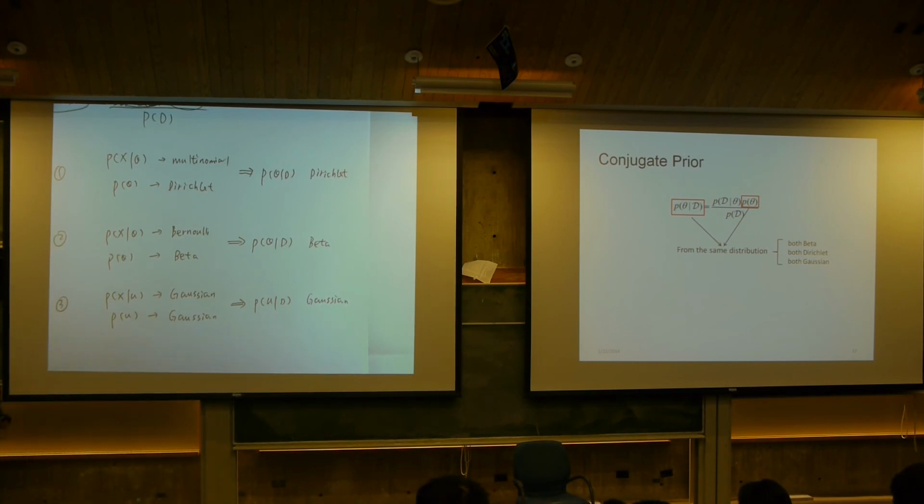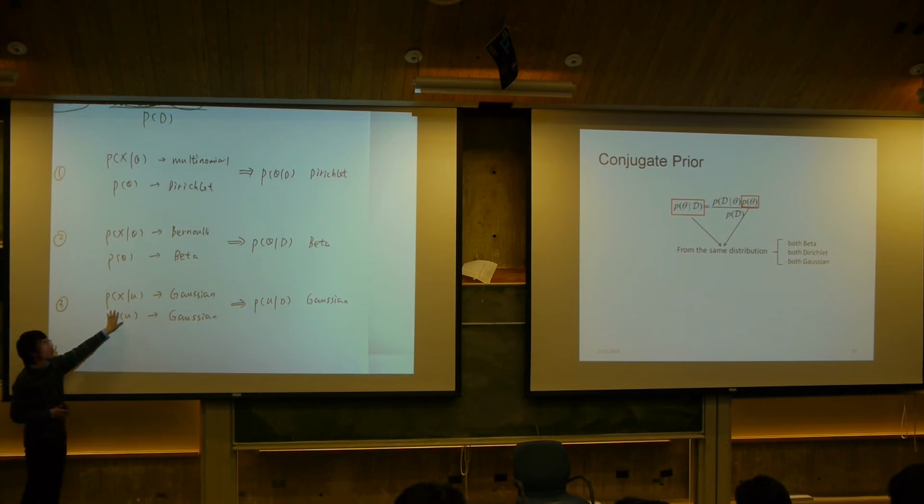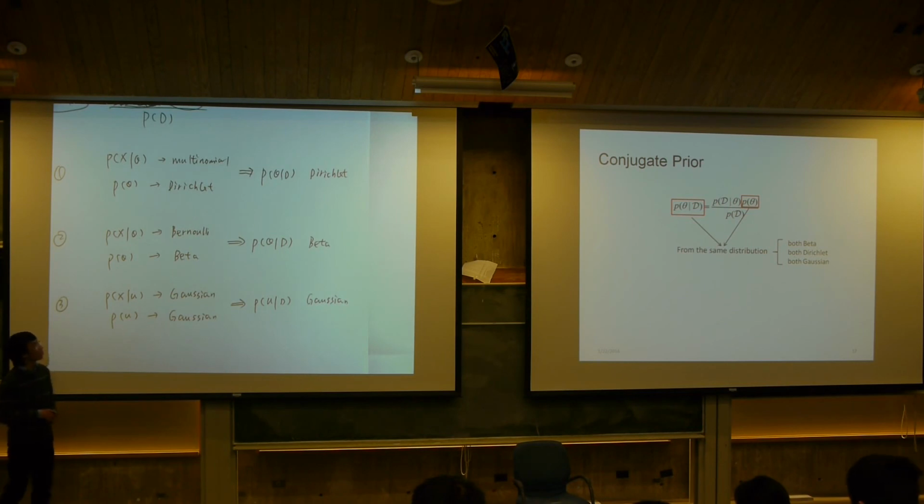Conjugate prior, as far as I know, mostly we are dealing with these three cases. Sometimes, if the Gaussian distribution's covariance is a matrix, you can use another case of conjugate prior, but generally we don't deal with that.